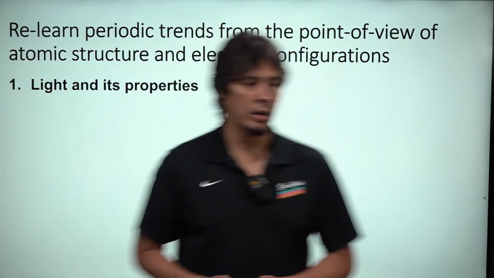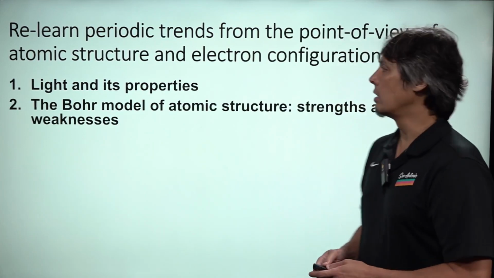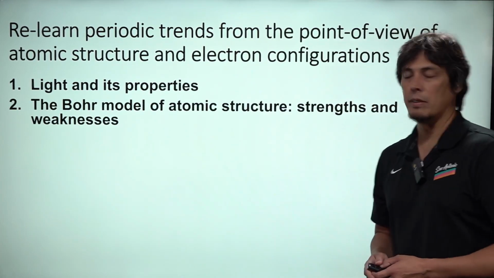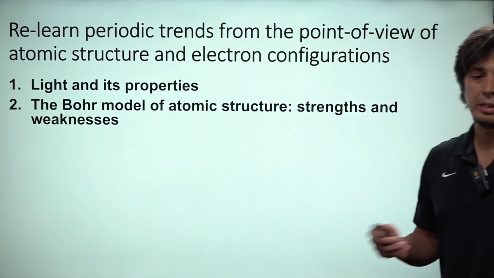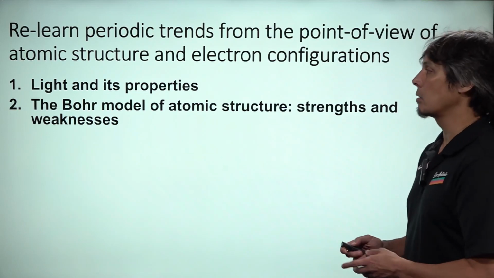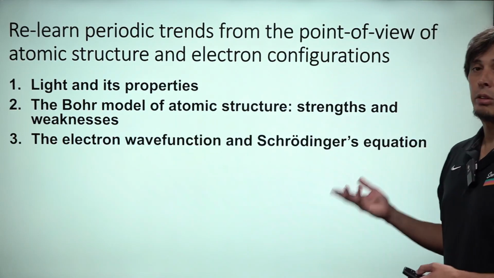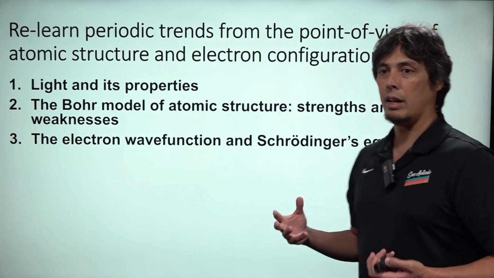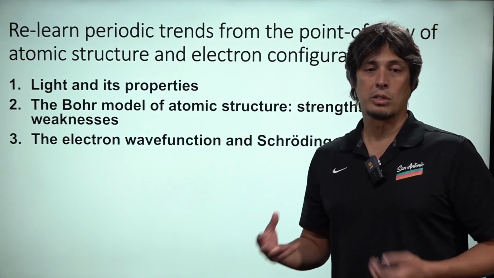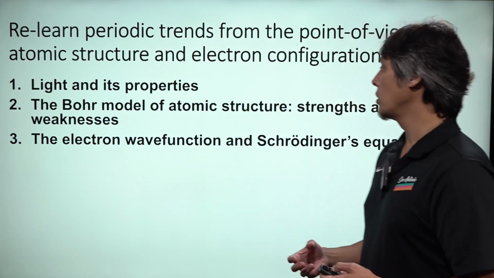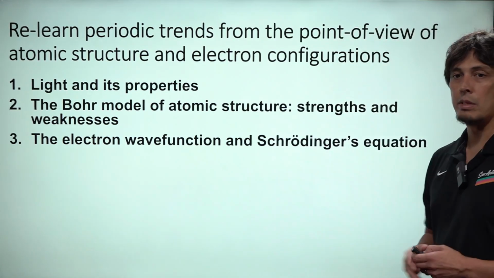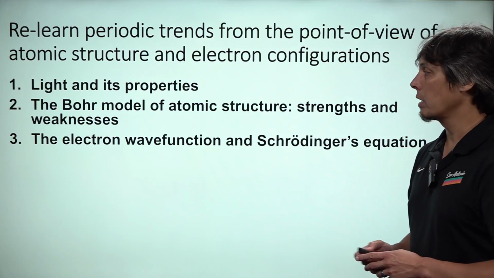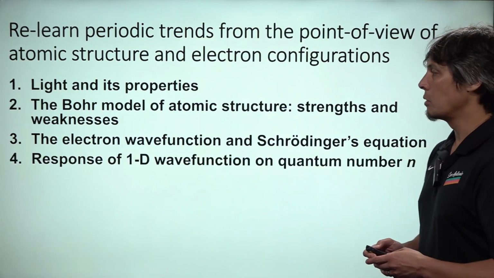And then from there, we're going to move on to looking at the Bohr model of atomic structure, and the strengths and the weaknesses associated with that particular model. From there, we're going to look at the electron wave function, which will tell us more about how the electron is distributed around the nucleus in terms of looking at Schrodinger's equation and what that can tell us about that distribution.